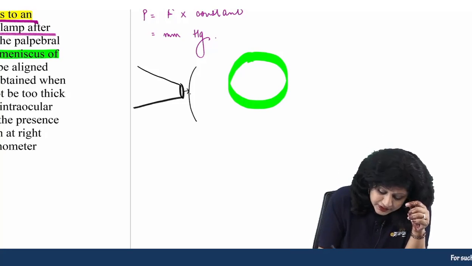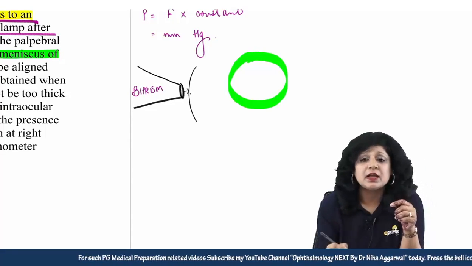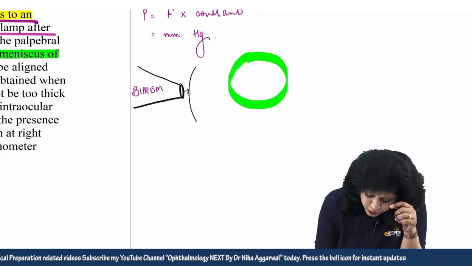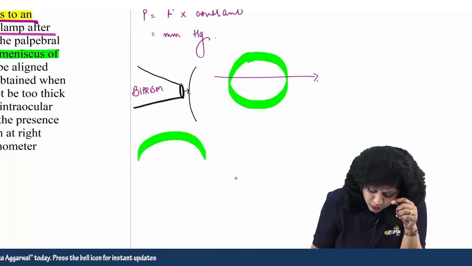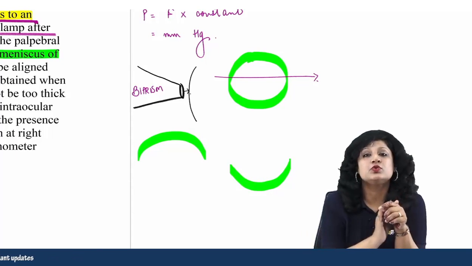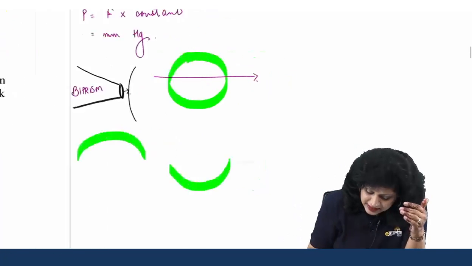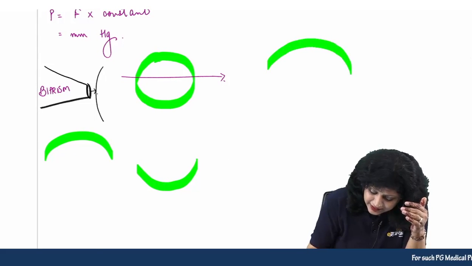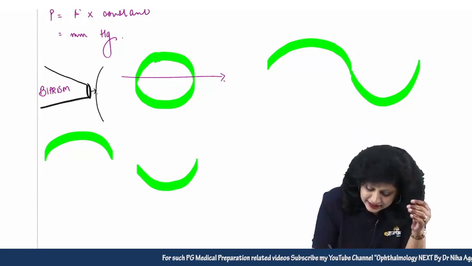But this probe contains a biprism or double prism. So this will get split, and I am going to get two semicircles. Basically you have to align these two semicircles in such a way that their inner ends are just touching each other. So this will become your final reading.